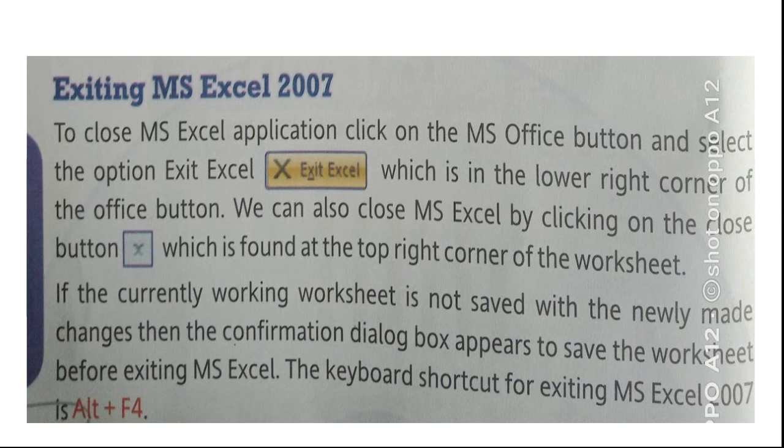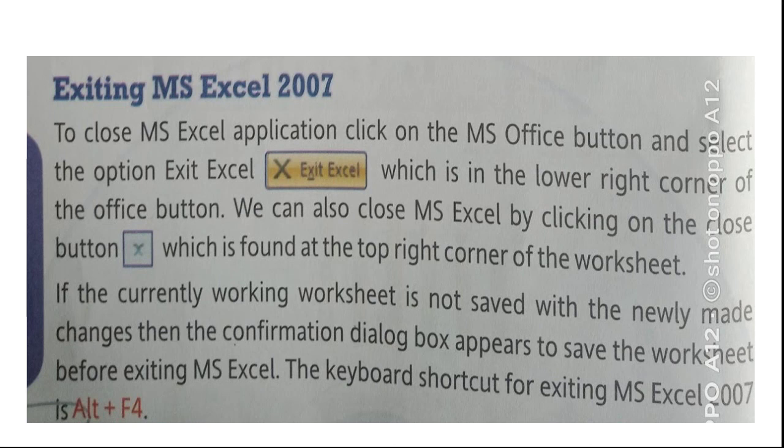To close the MS Excel application, click on the MS Office button and select the option Exit Excel. The MS Office button is where you found your file, new, open, save and all.